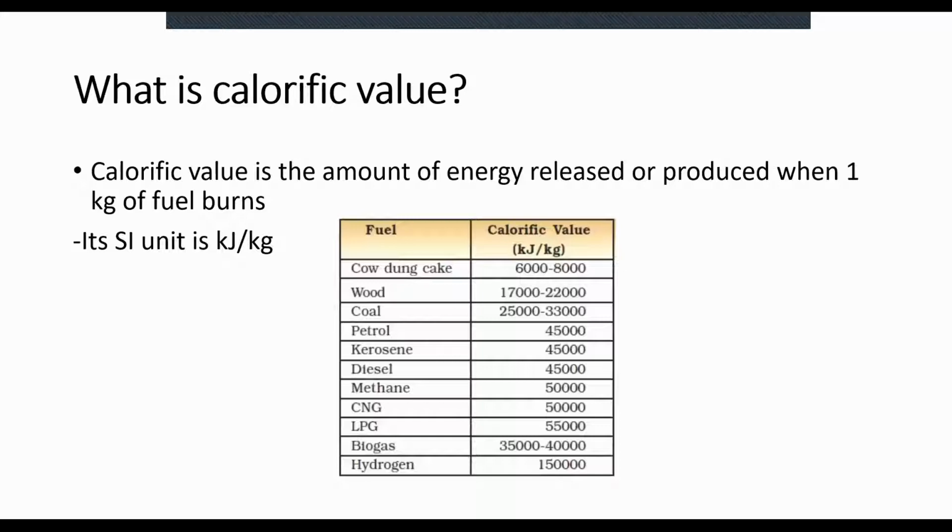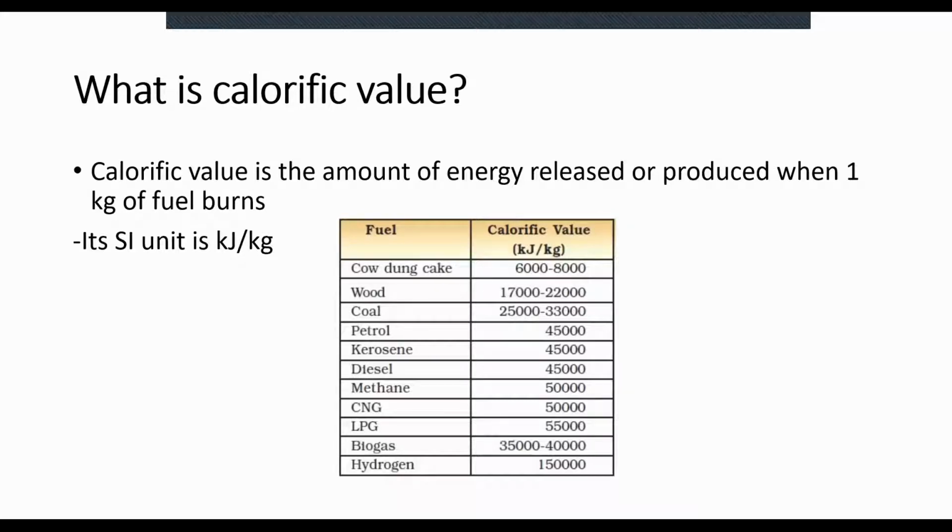You can say calorific value is the amount of energy released or produced when 1 kilogram of fuel burns. We take 1 unit, 1 kilogram of fuel, and measure by burning how much energy is produced.